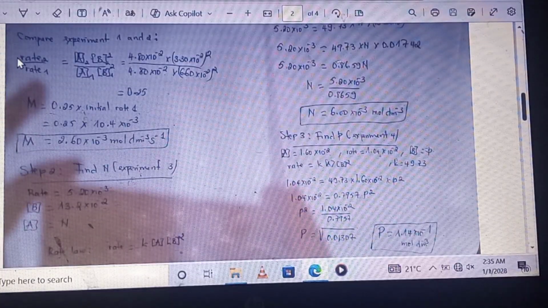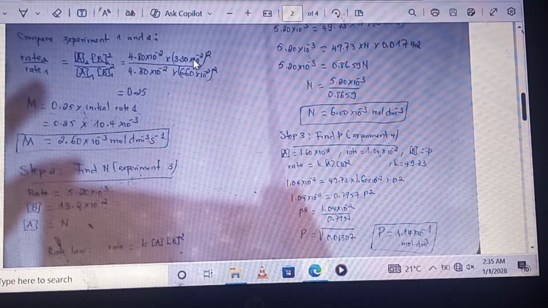We use rate 2 over rate 1 equals concentration of A in experiment 2 times concentration of B squared in experiment 2, divided by concentration of A in experiment 1 times concentration of B squared in experiment 1.